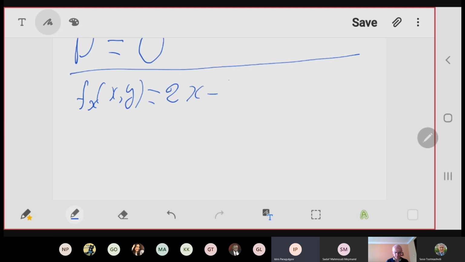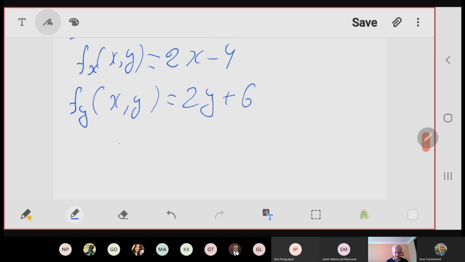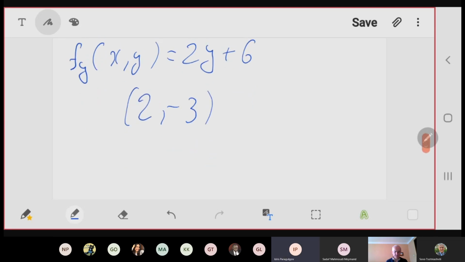And fy is 2y plus 6. Okay, and now we can write that the critical point is (2, -3).